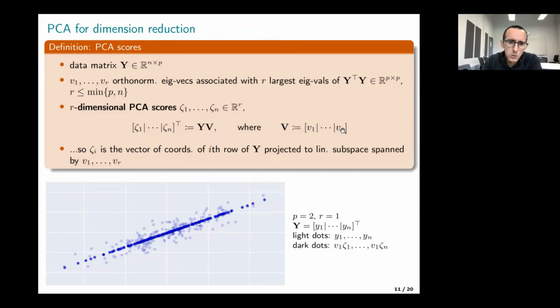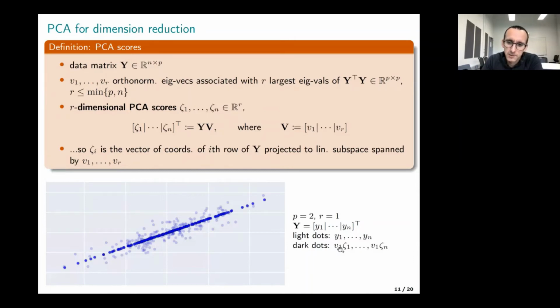The interpretation of zeta is that it's just the coordinates of the ith row of Y with respect to the first R eigenvectors. So, a simple picture. In this situation, the light dots are Y1 up to Yn, which are two-dimensional. Of course, the first principal component goes in this direction.